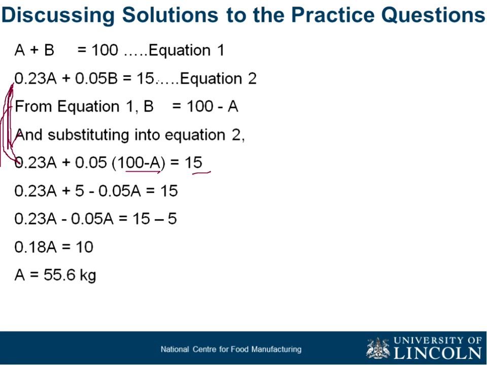Now I can see the families of A I can bring together. So 0.23A minus 0.05A. Then 15 and 5, they are family. Then I take this one to the other side. That equals 15 minus 5. Then 0.23 minus 0.05, use a calculator for this. You have 0.18A.